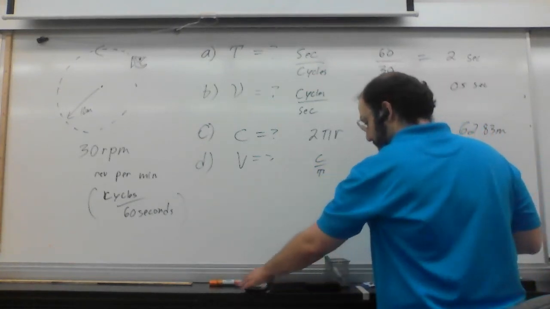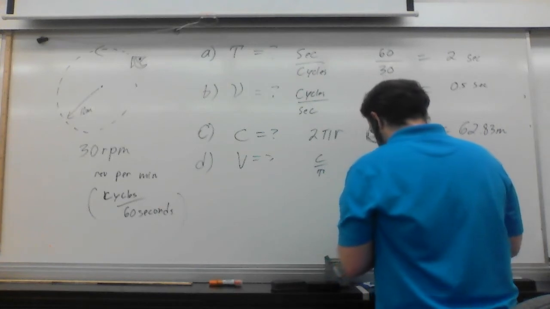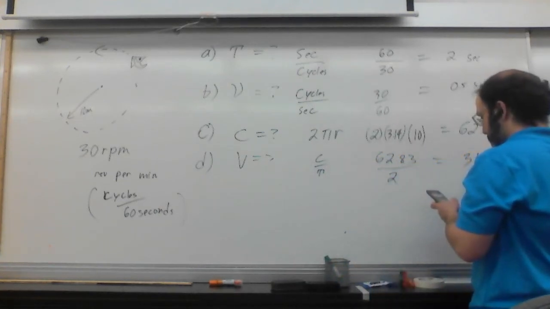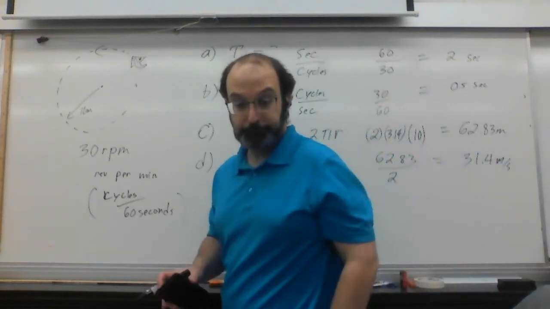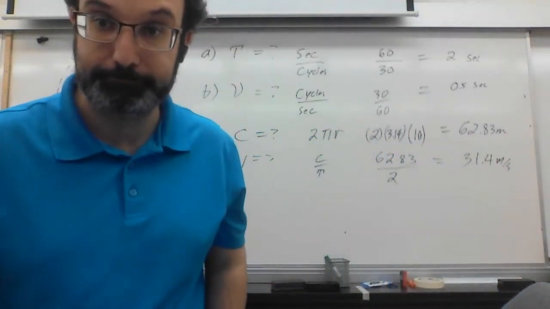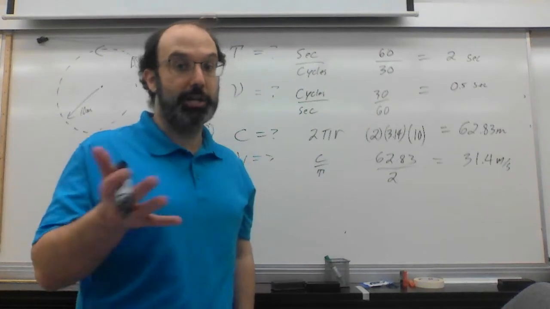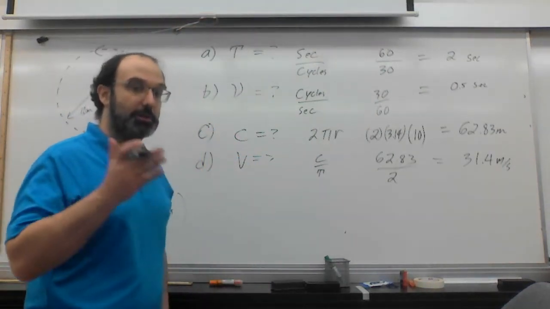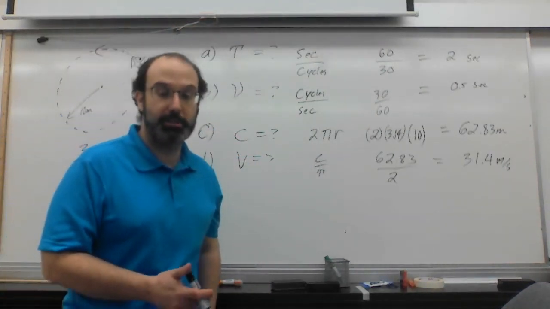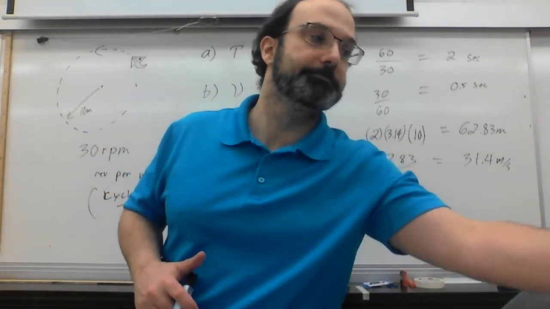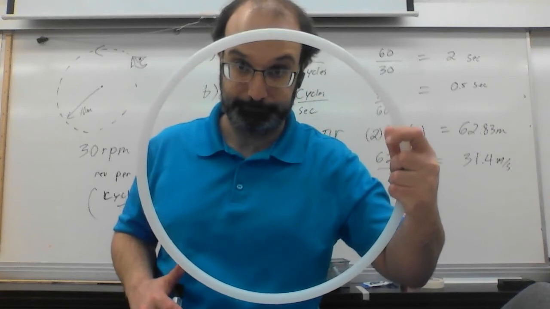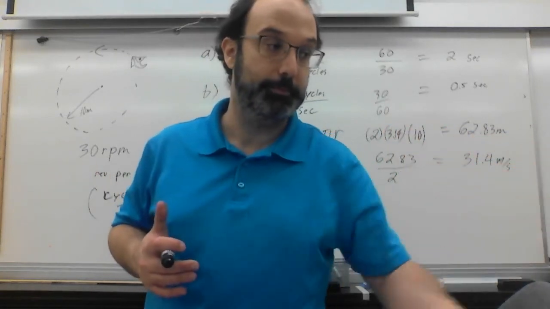So 62.83 divided by 2 is equal to 31.4 meters per second. That's it, we're done. Honestly, guys, this type of question is very comparable to the stuff you did in grade 10. The only difference is, drum roll, it's a circle. That's the only difference. It's all a circle.